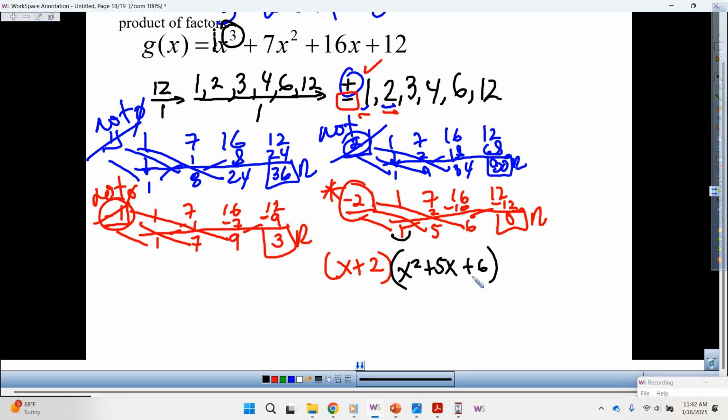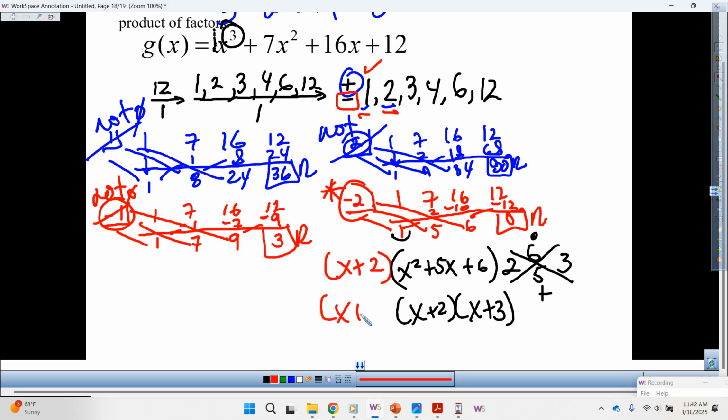Can we factor this? Yes. What two factors multiply to give me 6 and add to give us 5? 2 and 3. So my factors are x plus 2, x plus 3. Bring down the x plus 2, and all that is equal to g of x.